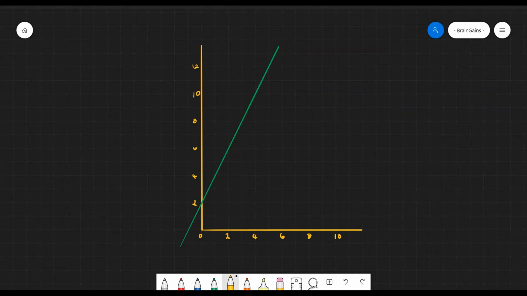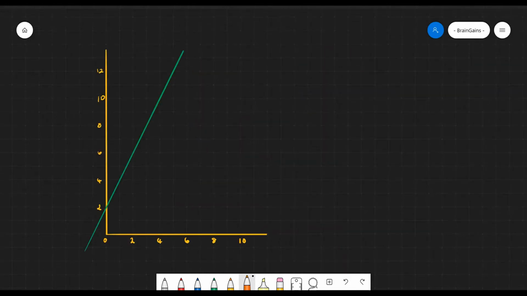You might just be given the two coordinates to work with, and we'll go through both examples. For this one, we'll be using the graph to find two coordinates. Let's pick this coordinate, which is (2, 6), and this coordinate, which is (5, 12).